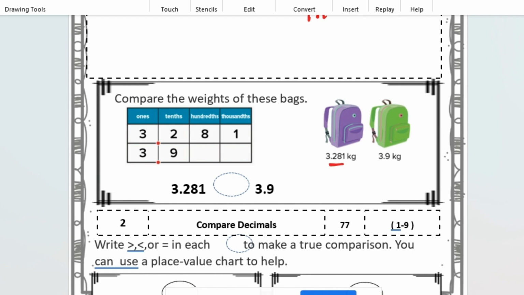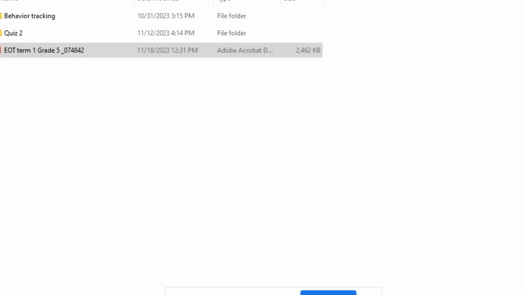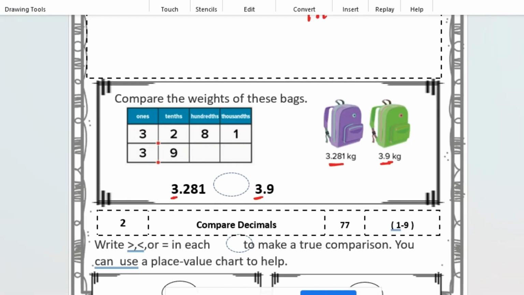And we have this green bag which weighs 3.9 kilograms. The way we can compare any two decimals is we compare the first number with the first number. Here is 3, here is 3, so they are both equal. In such cases, when we have equal numbers, we go for the next one.